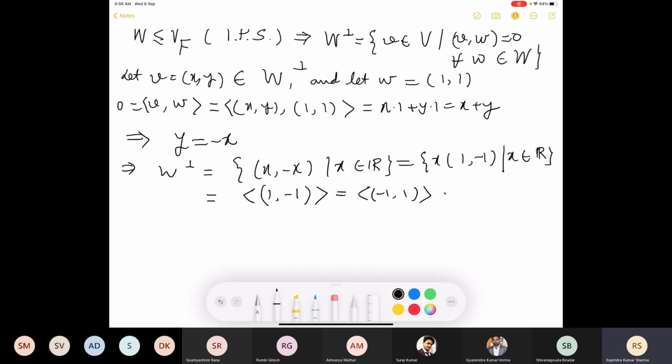So a basis for W orthogonal over F is simply a set consisting of just (1, minus 1), or you can take (minus 1, 1) or this.